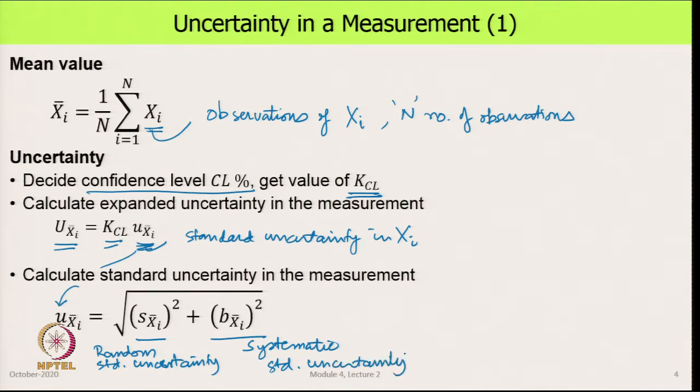Both of these are for xi. Our job now, how do I get the values of S x i bar and B x i bar? That is a big challenge.